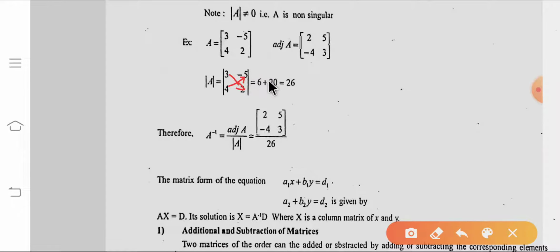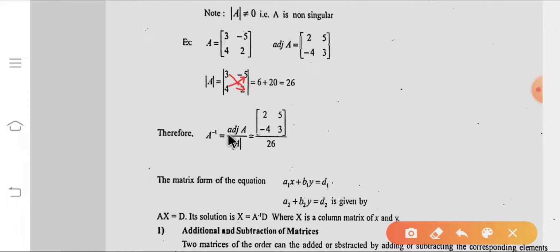The middle sign becomes positive because one term is negative. So 6 plus 20 equals 26. So the determinant of A is not equal to 0, therefore the inverse exists, because A is non-singular.